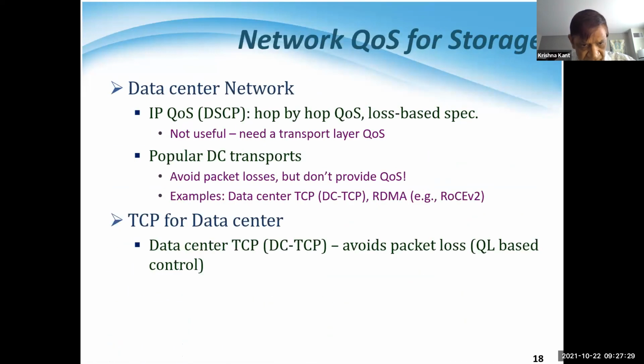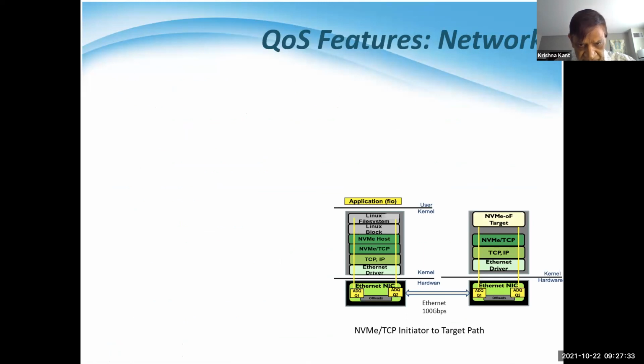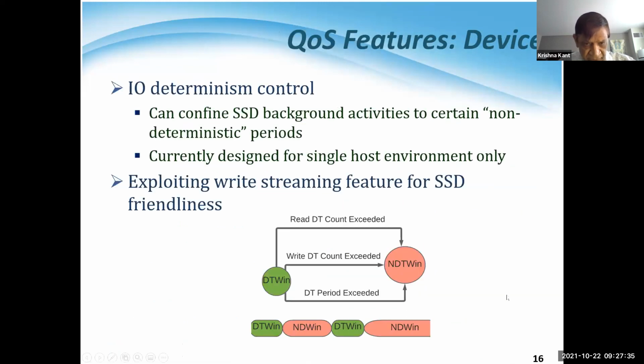I have a slide missing, but nevertheless, I can explain to you. Basically, you would need two copies here, because any given SSD could be in either one of these two modes.